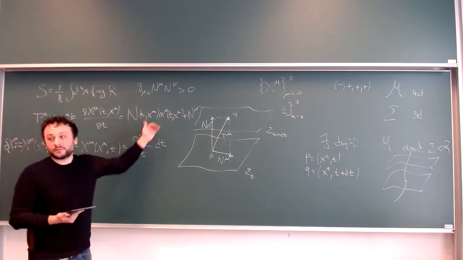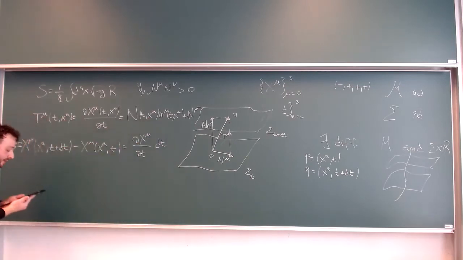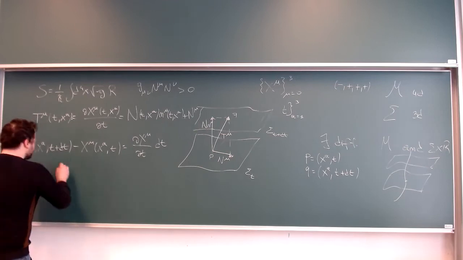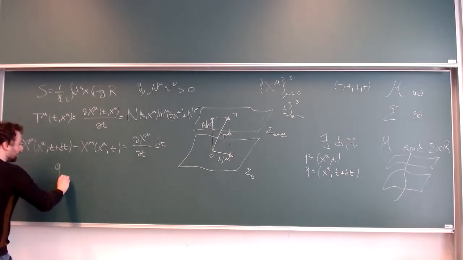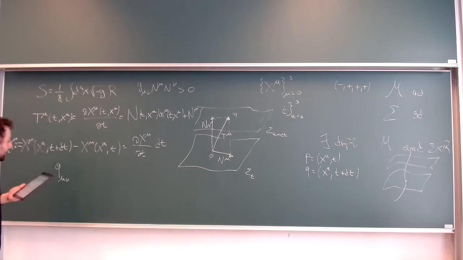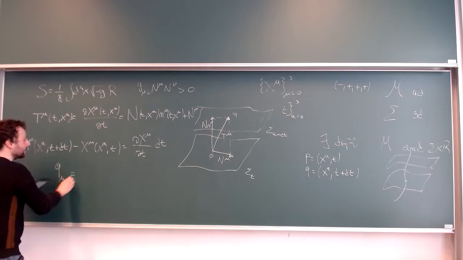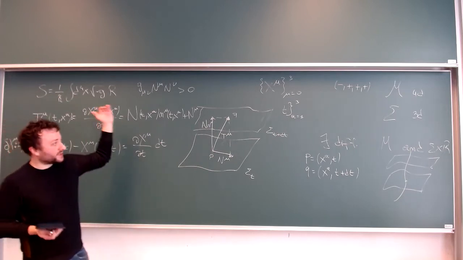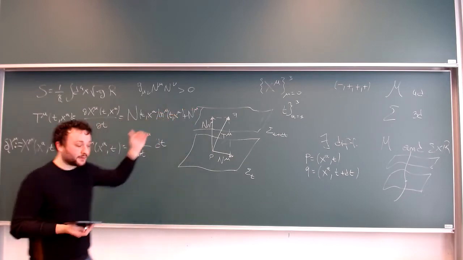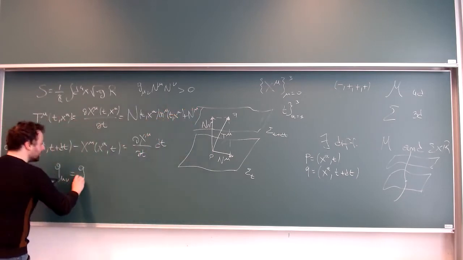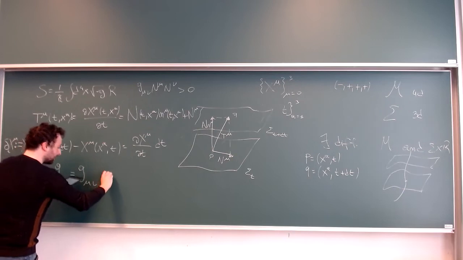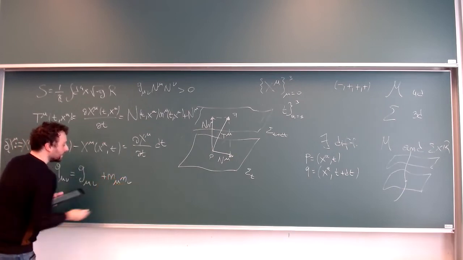We need also these quantities here, and we define q mu nu in the coordinates of the whole space-time, so the capital ones, as g mu nu plus n mu n nu.